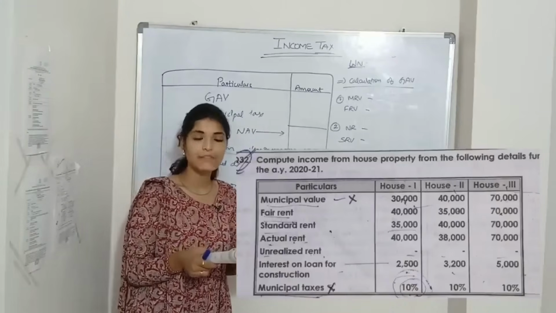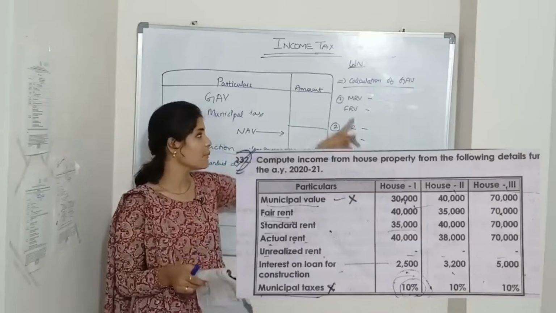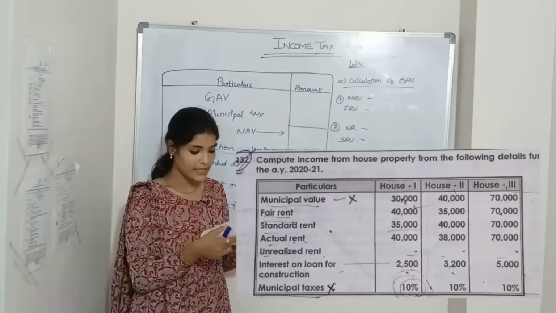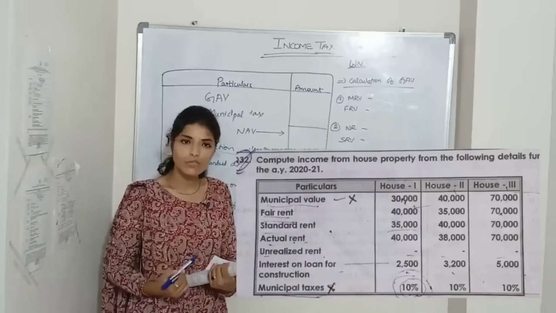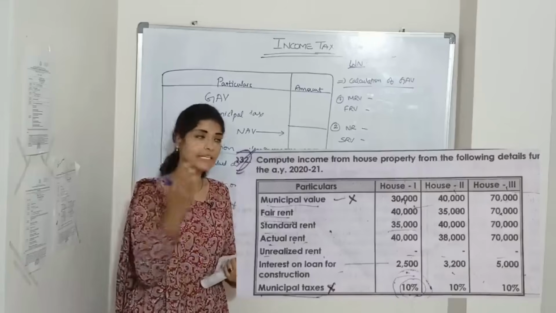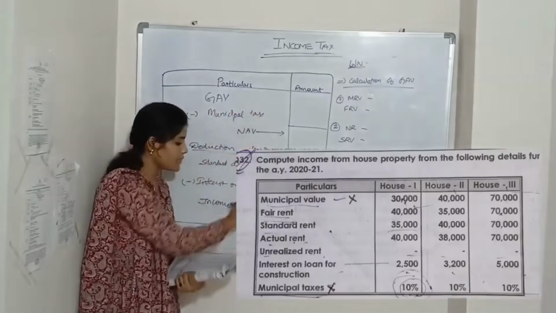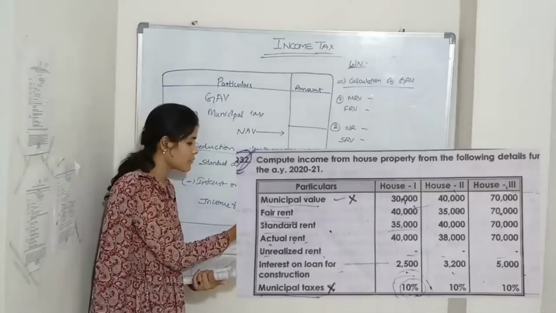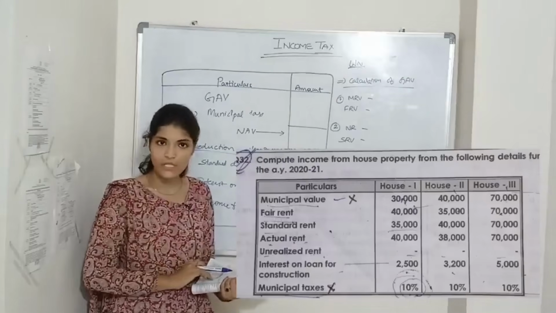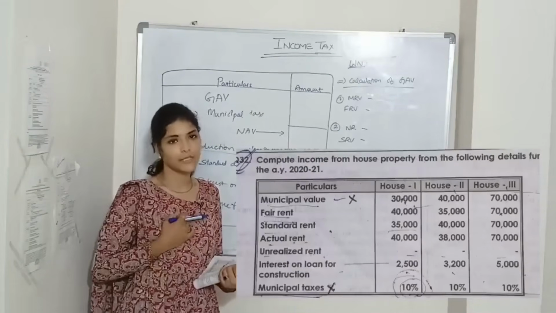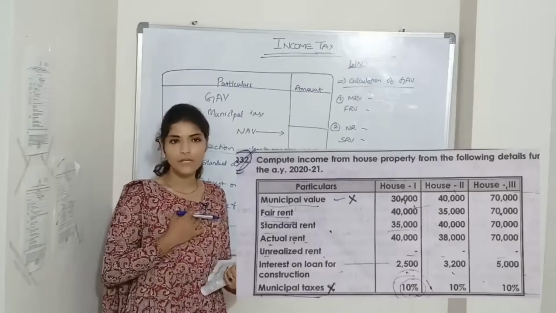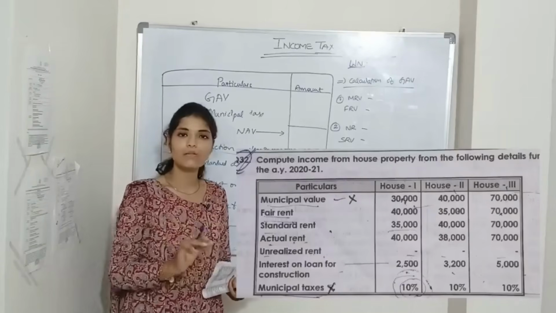Municipal value is nothing but MRV. Here they have given house number 1, house number 2 and house number 3, which means you need to calculate GAV 3 times. We need to calculate the income from house property of house number 1, house number 2 and house number 3. I will do the first one; the second and third houses are your part.